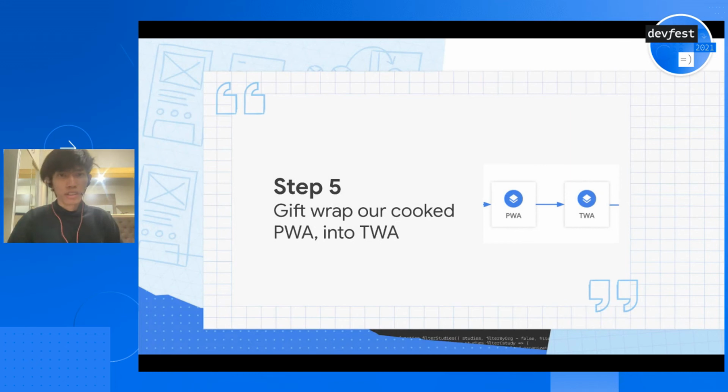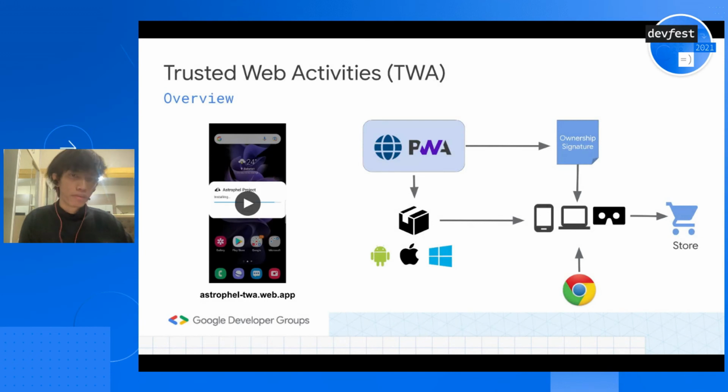So in here, you can see we wrap our PWA code into a TWA. We had a PWA before, right? So how do we cook the PWA into a TWA? This is kind of the final result. This is the schema we can see here. We have our deployed PWA here, right?